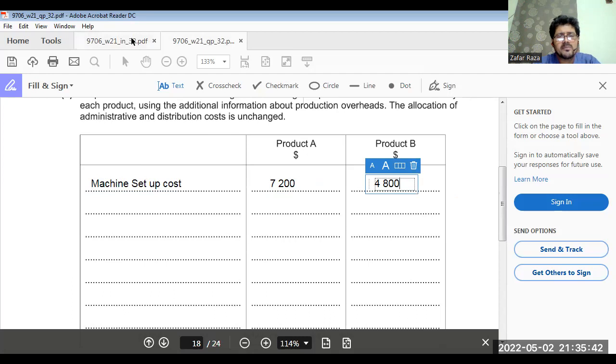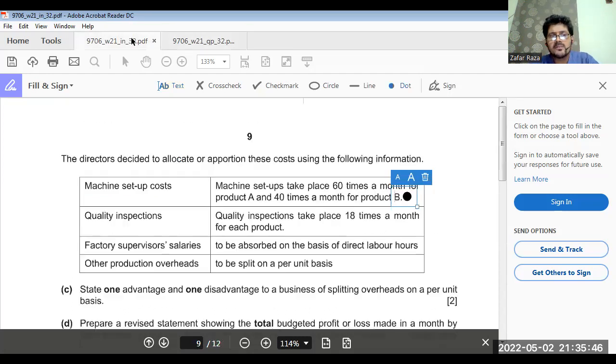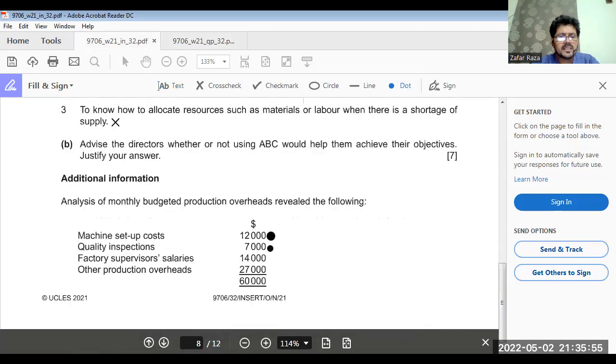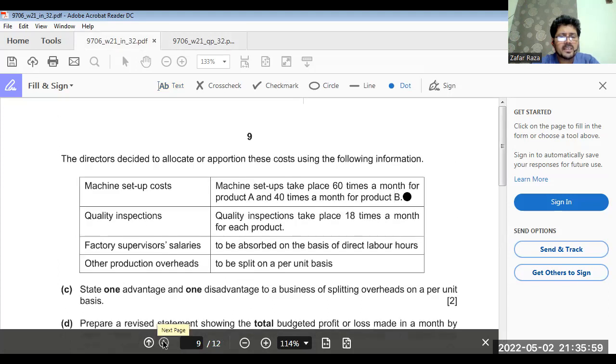Now move to the question again. Quality inspection. Quality inspection cost 7,000. Okay. What are the cost drivers? Quality inspection takes place 18 times a month for each product. It means we have to divide them equally.